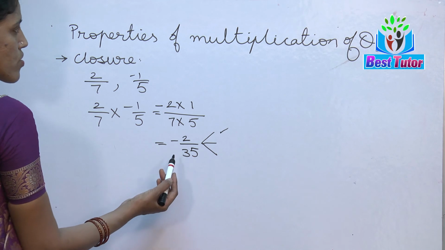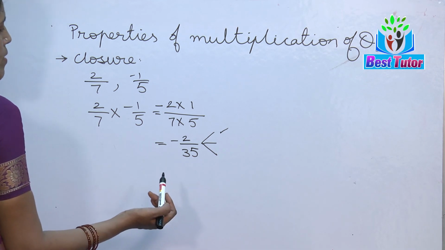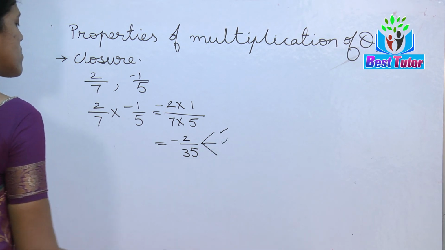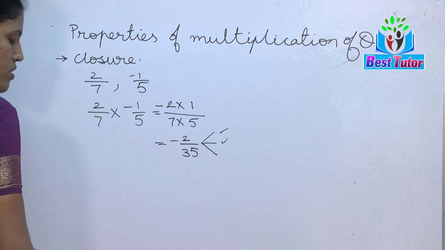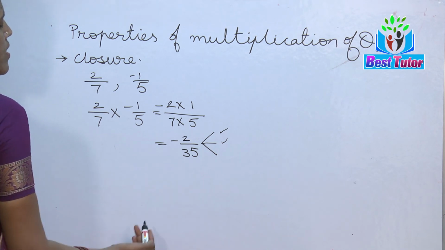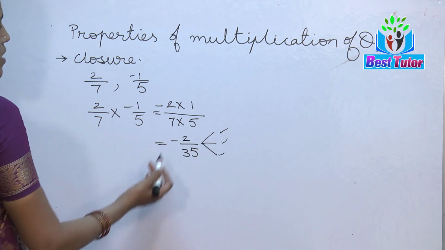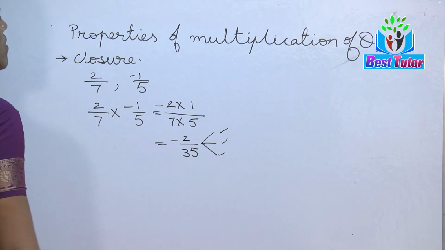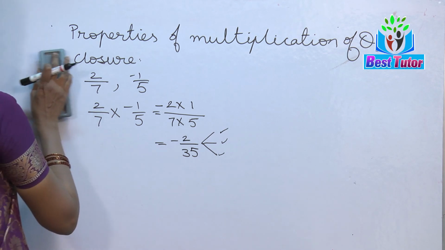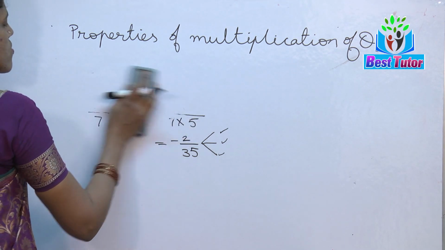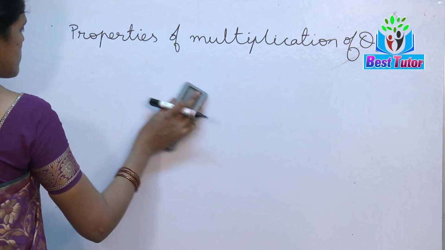Here minus 2 is the numerator, 35 is the denominator and both are integers. Second condition is satisfied. Third condition, the denominator should never be equal to 0. 35 is not equal to 0, therefore it is a rational number. So the set of rational numbers is closed under multiplication.